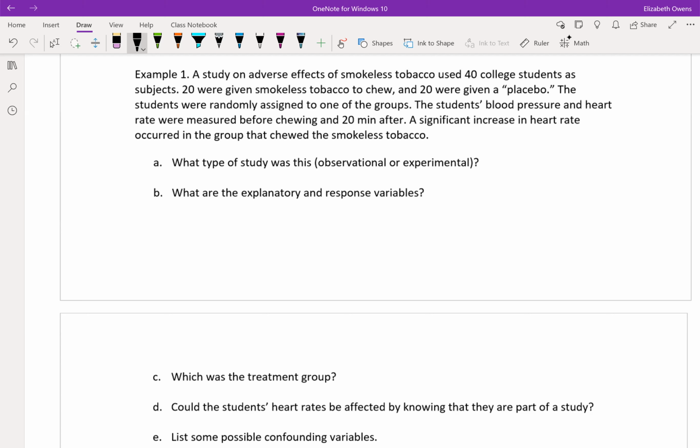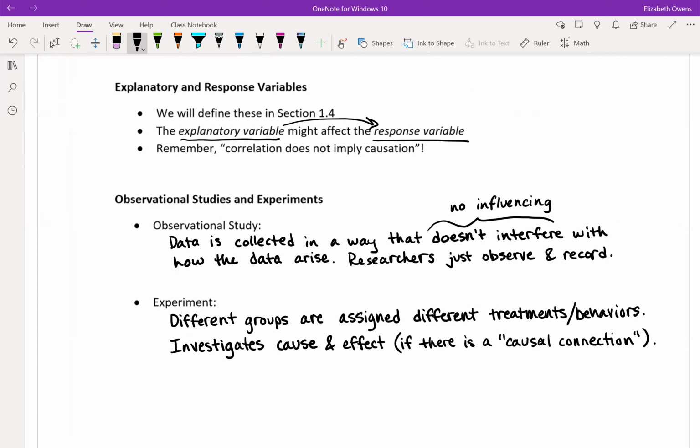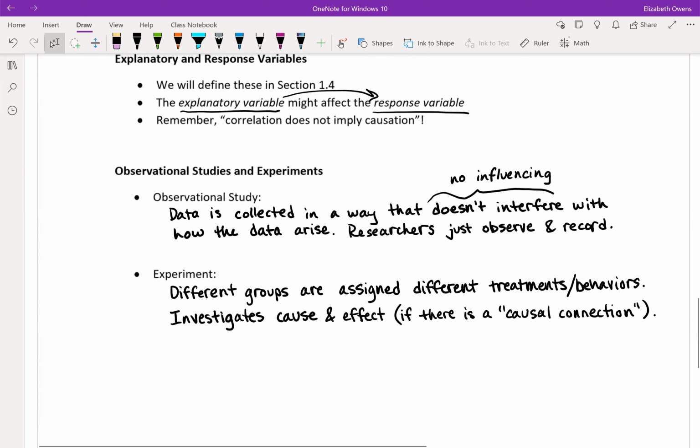All right, so first things first, what type of study was this? Observational or experimental? Let's go back to the previous section to look at the difference between those two. Remember that an observational study is just observing and recording things. Data is collected in a way that doesn't interfere with how those data arise.